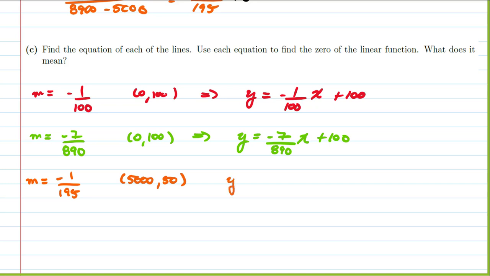So this time we do y minus y1, so y minus 50 is equal to m, which is negative 1 over 195, times x minus 5,000.